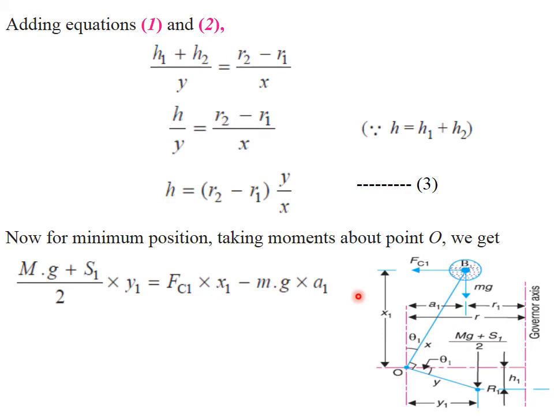Fc1 into distance x1, minus downward force mg into length a1. So mg plus s1 by 2 into y1 is equal to fc1 into x1 minus mg into a1. I reorder the terms again: mg plus s1 is equal to 2 divided by y1 into fc1 into x1 minus mg into a1. So this is your equation number 4.